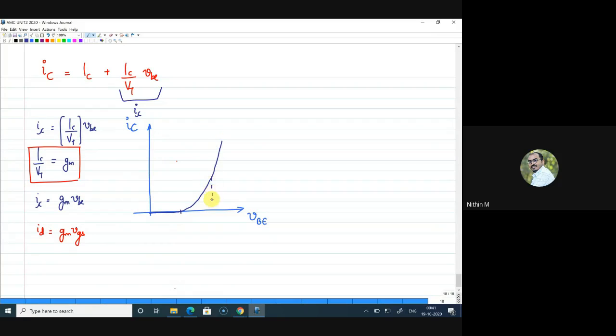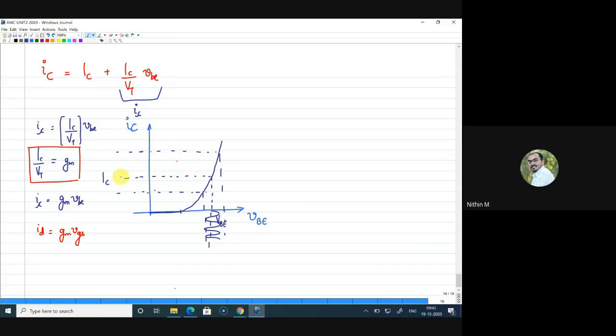Say you have biased your BJT at a particular DC VBE, and on that you are providing a small signal. Your DC VBE will set a DC collector current IC. Now the varying small voltage will also provide a varying collector current, which is not drawn properly. It will be symmetrical in that sense.